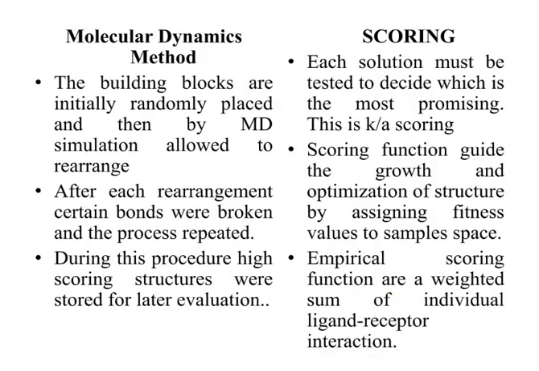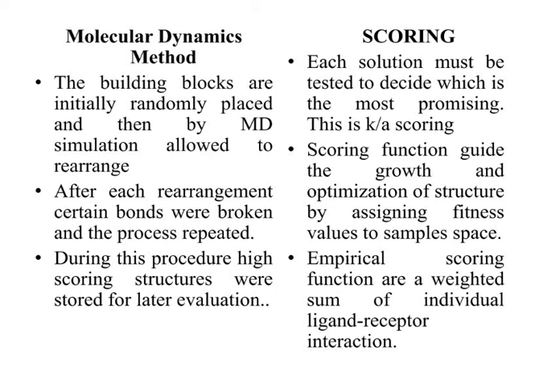So, molecular dynamics method and scoring. What is the difference between them? In the molecular dynamics method, the building blocks are initially randomly placed and then, by molecular dynamics simulation, allowed to rearrange. After each rearrangement, certain bonds are broken and the process is repeated. During this process, high-scoring structures are stored for later evaluation.